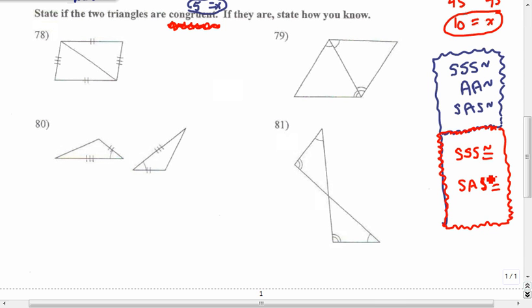If I know that all the angles are congruent, so think back to our equilateral triangle, that means my triangles have to be similar, so my sides have to be proportional. But let's say I know that all of my angles are 60 degrees, so I'm dealing with equilateral triangles. Does that tell me the length of any of the sides?